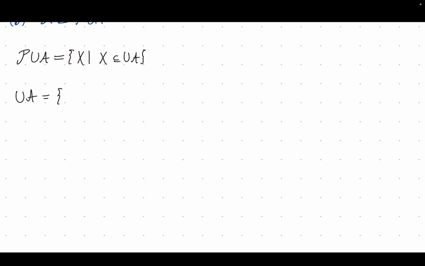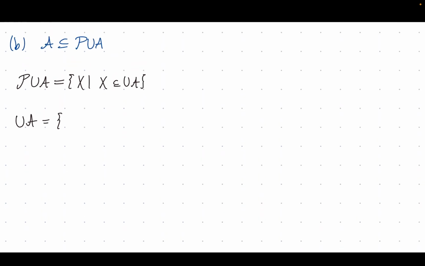Sometimes it makes them more confusing. I try to use variable names that are the least confusing as possible. But okay, I'm digressing. The union of A is going to be any little x such that there exists some little a in A such that x is in little a. Okay. All right.